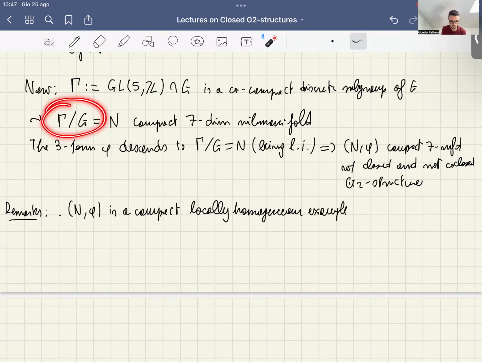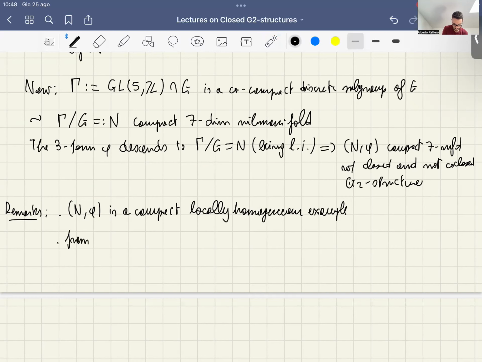So this is homogeneous with respect to the right action of G on this space, but the right action won't preserve the 3-form defined by phi on the compact quotient. This 3-form on this compact quotient is preserved by the locally defined left translations of G on the quotient G over gamma. So this is locally homogeneous, but it is not globally homogeneous. So in other words, the closed G2 structure you have on this compact quotient is not preserved by left translations globally.